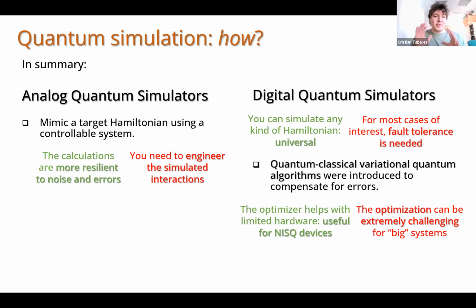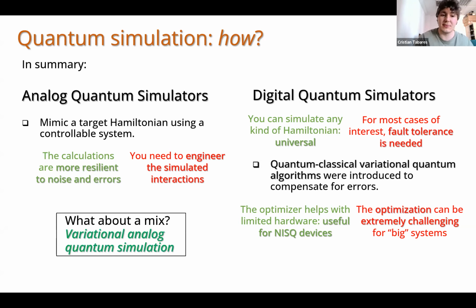So up to this point, I don't know if you more or less see the point that I want to reach, but I have been discussing these two approaches, analog quantum simulators and digital quantum simulators, as if they were something different. And as a concept, they can be, but we are not limited to considering them as something different.